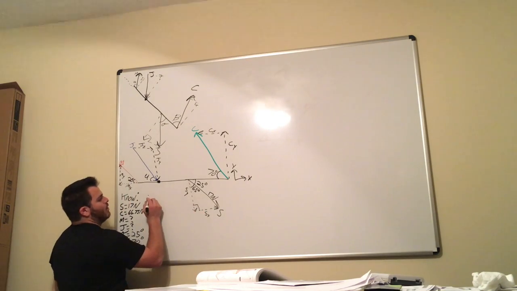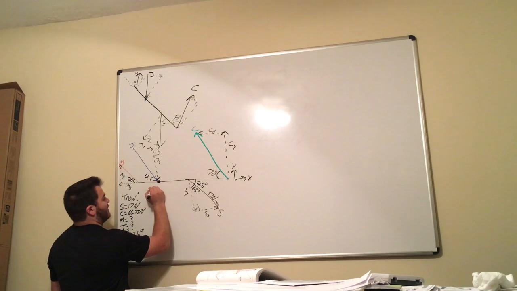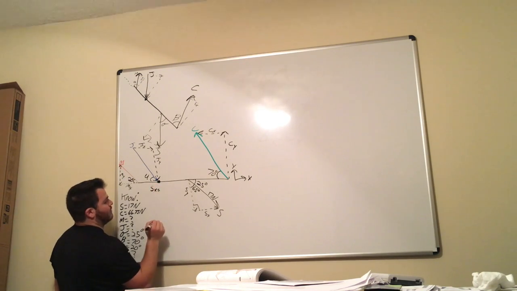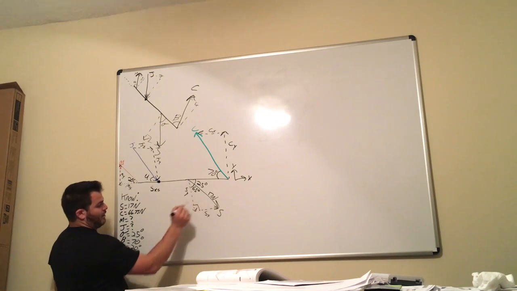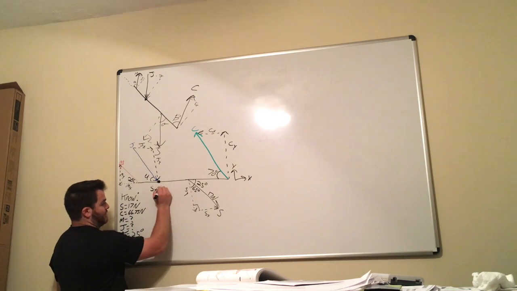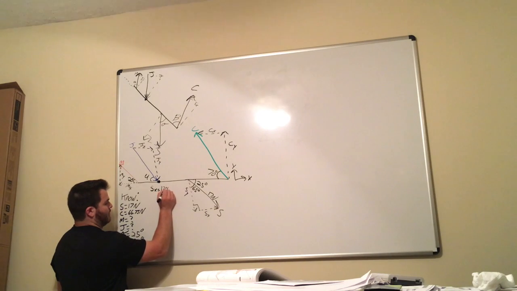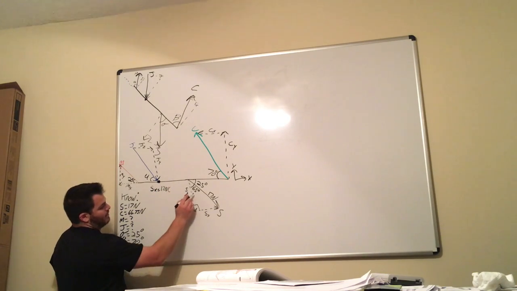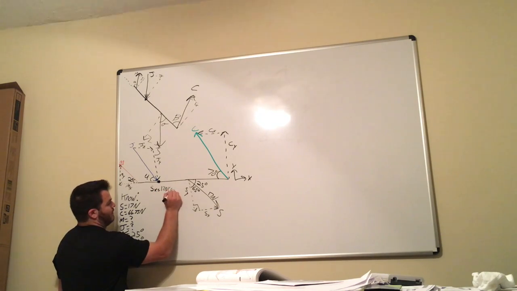So finding this one, we're finding S of x first. So we have S of x is equal to our hypotenuse, which is 17 newtons, times the sine of 65 degrees.